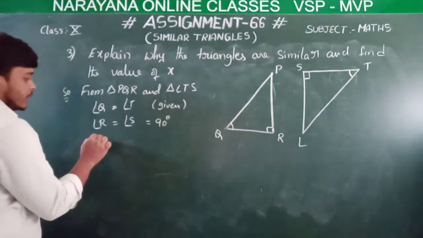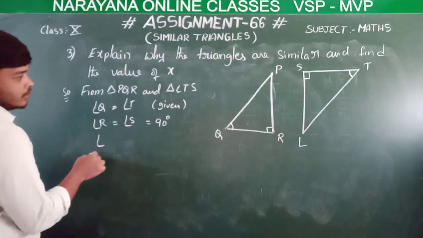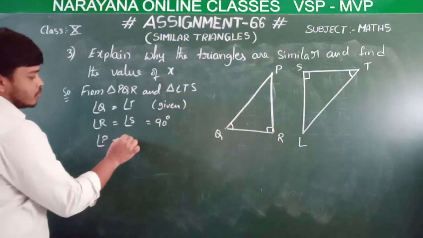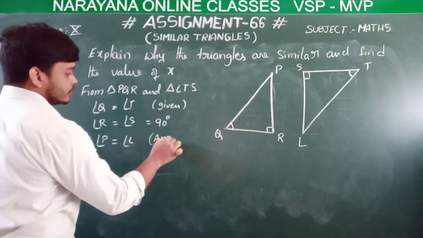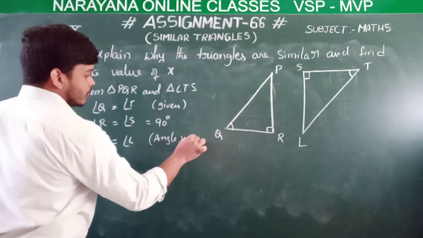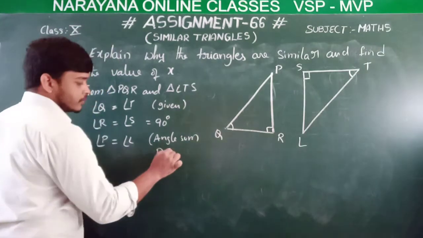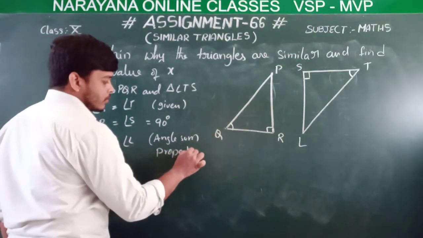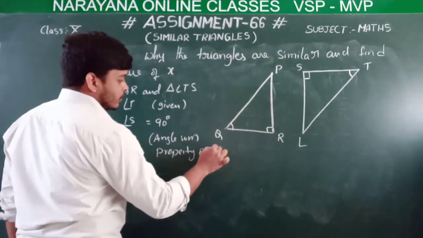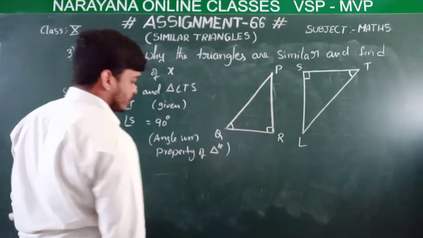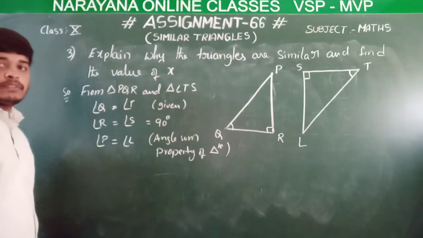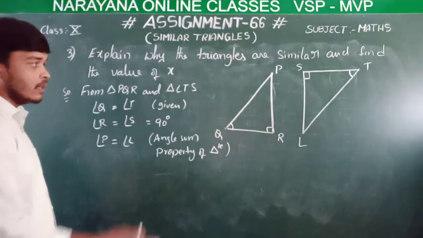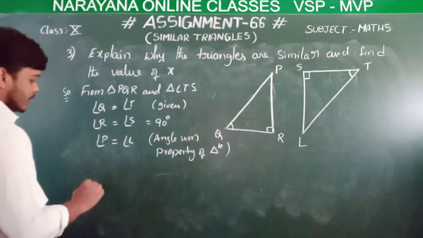Automatically angle P is equal to angle L, by the angle sum property of a triangle. Here the corresponding angles are equal. If two triangles have corresponding angles equal, those two are similar.